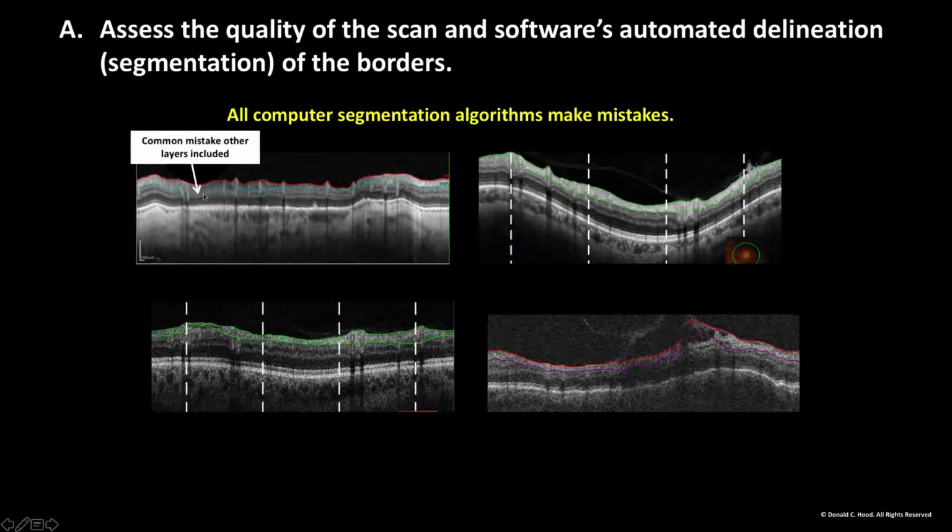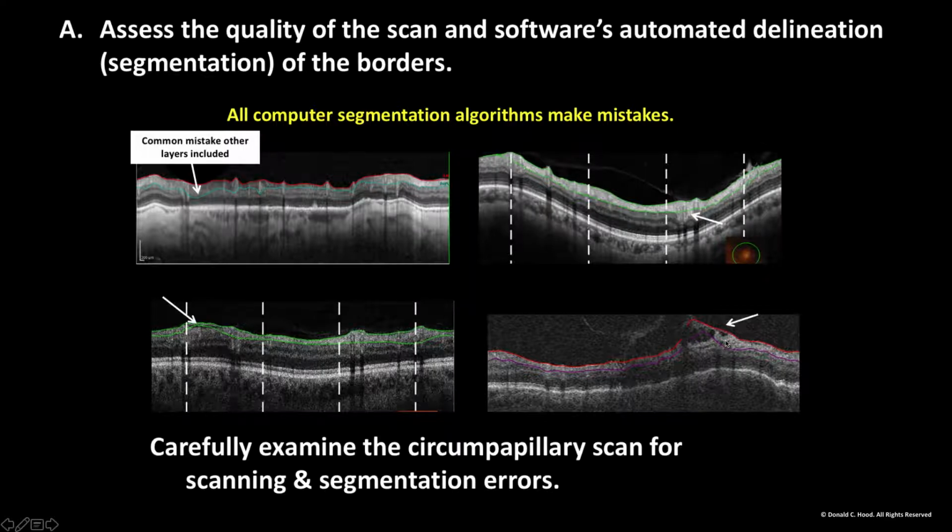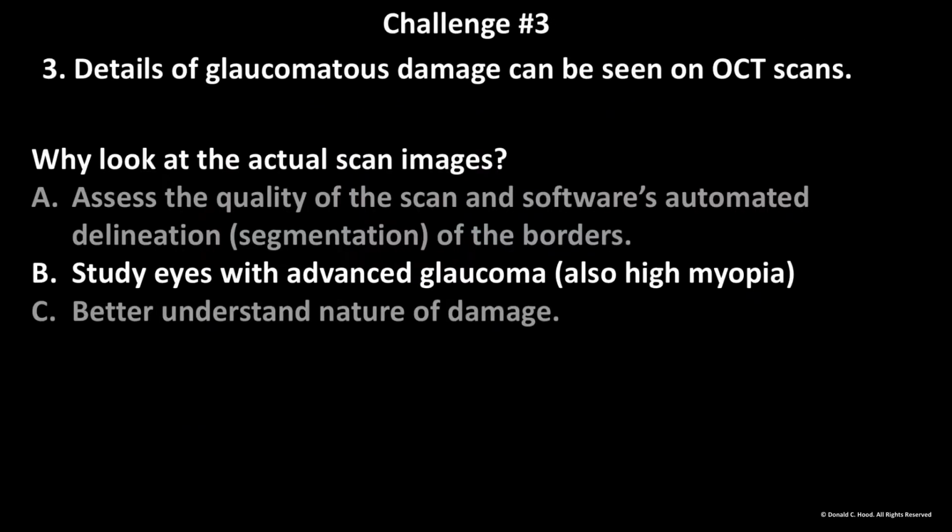So over here, you've got a common mistake in which because the contrast is low, the algorithm is picking up retinal ganglion cell as well as other layers and combining it into retinal nerve fiber layer. I mean, here you're missing some tissue because it's next to a vessel. Here you've got an epiretinal membrane that's confusing the algorithm, and here a vitreal separation. So you want to carefully examine the circumpapillary scans for scanning and segmentation errors.